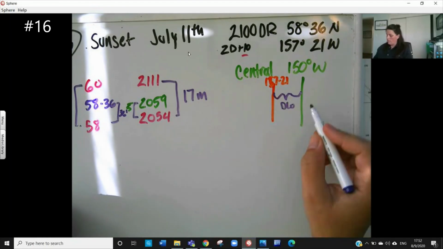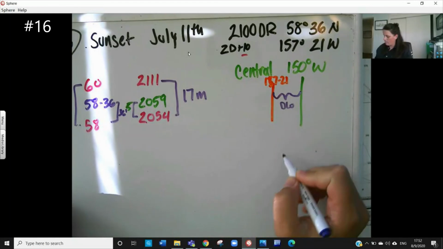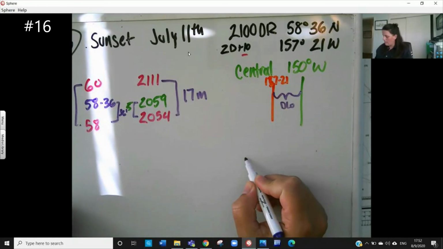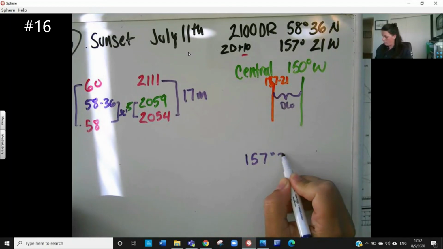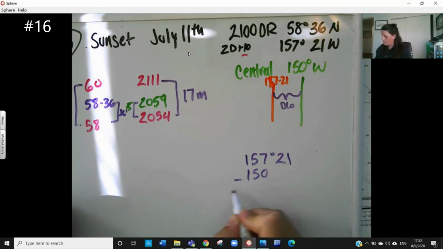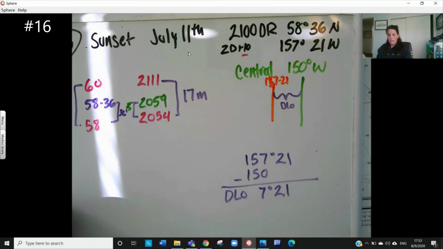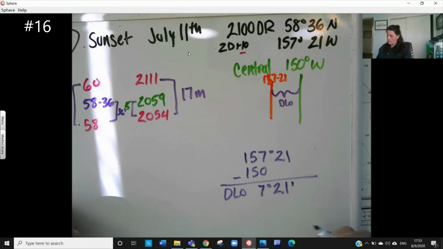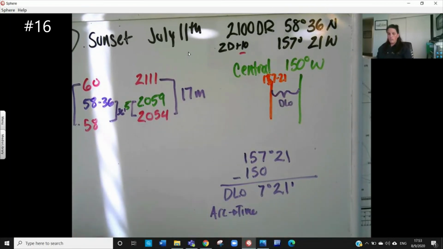My DLO between these two, 157 is 7 degrees 21 minutes. Now I need to convert that arc to time using the table in the back.